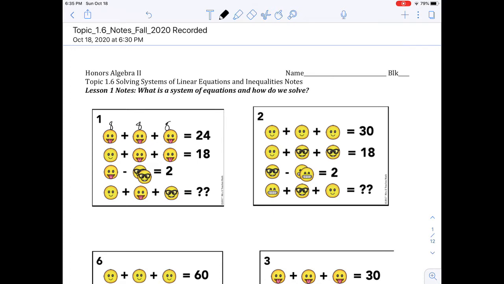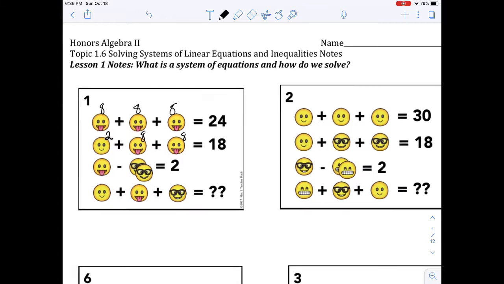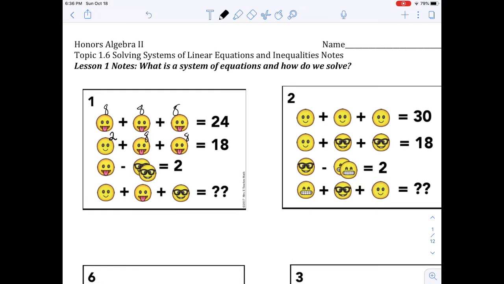Well, then you can carry that 8 down to the second one. 8 and 8 is 16, which means that the first emoji has to be 2 so that you get a total of 18. We know this is 8, right?